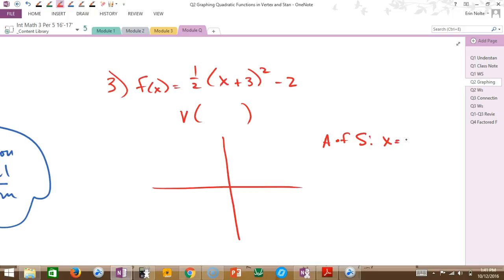What? The function of 2? Like f of x equals 2? Oh, I see what you mean. Yes, you can do that. I don't know if I would choose 2, though, because the vertex is -3, -2.